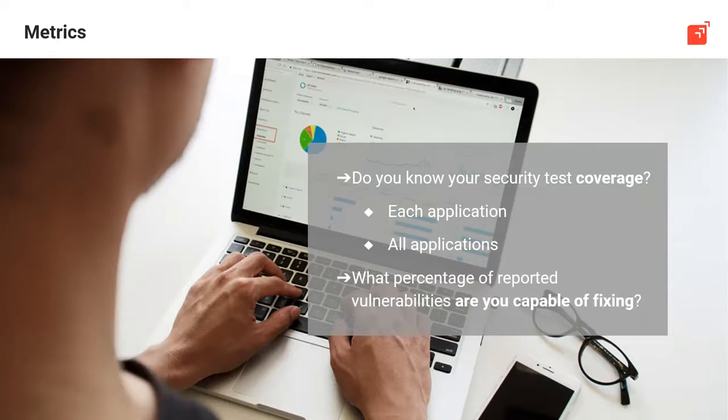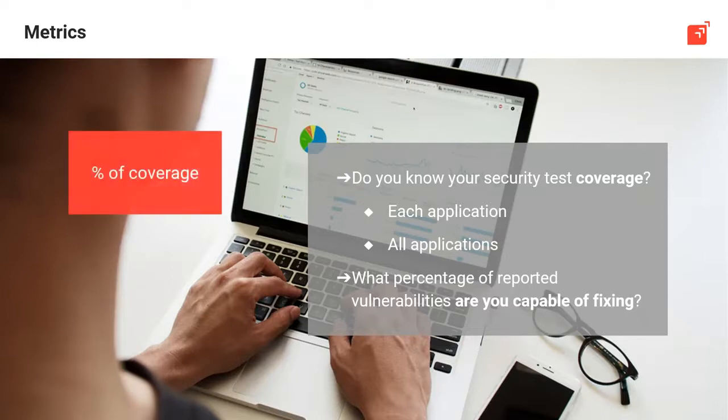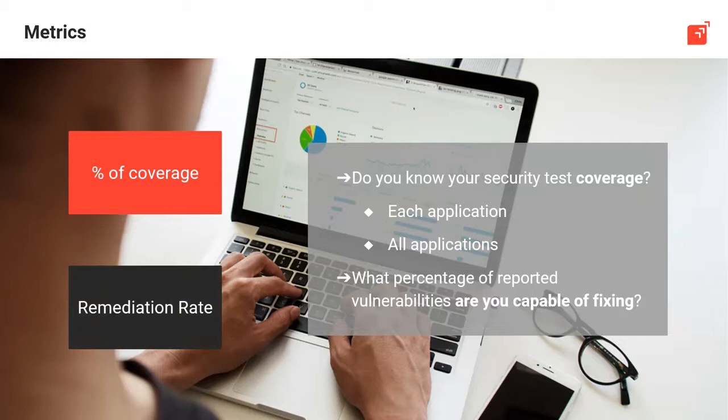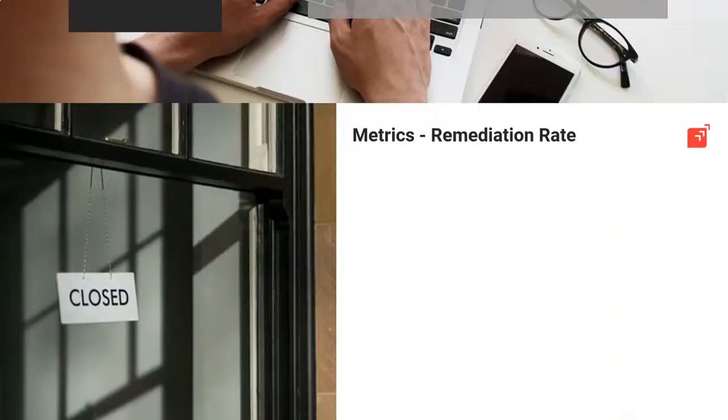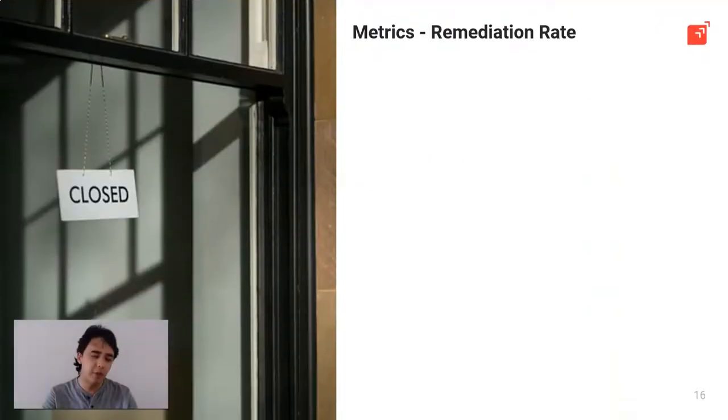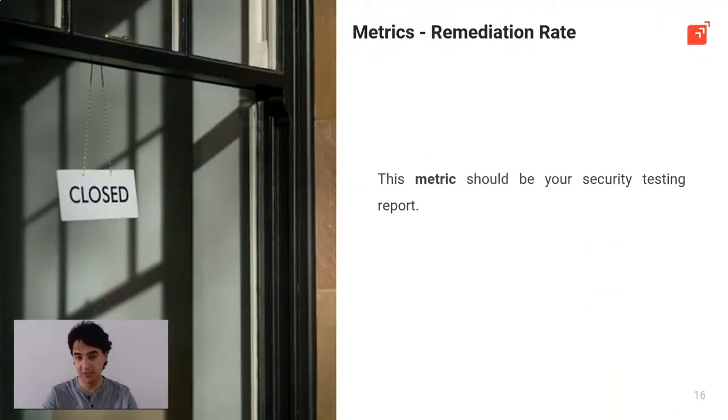Based on those questions, we can infer two more metrics. One, coverage percentage, and second, remediation rate. This one is the most important metric on the side of the organization. From our experience, it is the most revealing metric of the whole testing process because we see remediation rates of 4% at the beginning when organizations perform just one cycle or one-shot hacking.